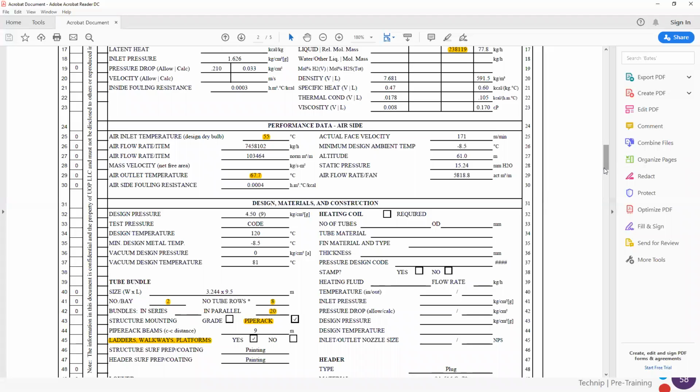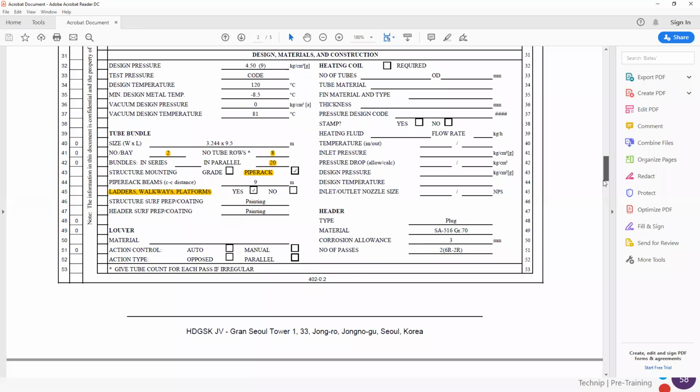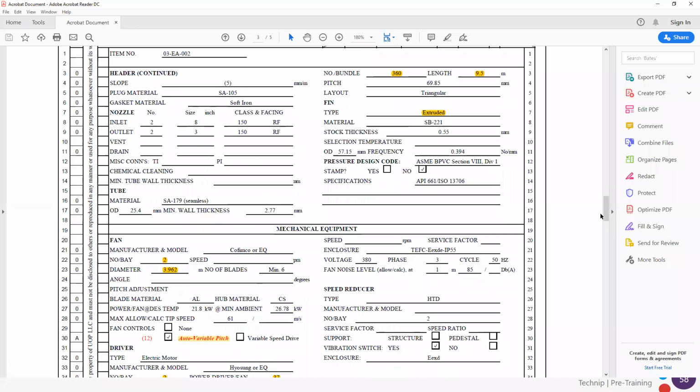About the air cooler design, we have 10 bays, and in each bay we have 2 tube bundles. So it means that we will have 20 tube bundles in parallel. This air cooler is located on the pipe rack with ladders, walkways, and platforms. The tube length is 9.5, a standard number.